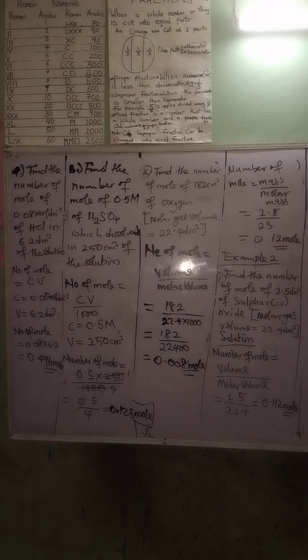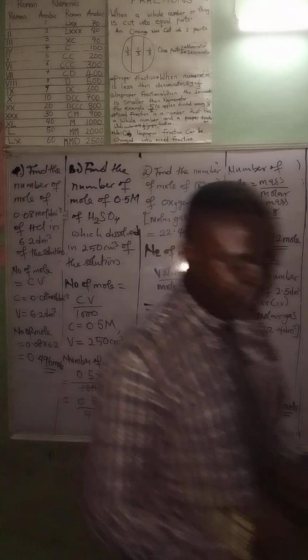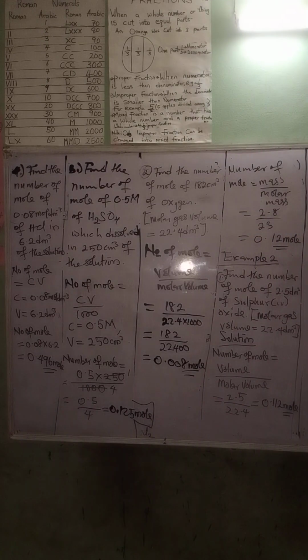Quickly, before our time runs up, let's look at number of particles or number of ions. That is what we are going to look at in our next video. So do watch out for our next video, where we are going to look at number of ions, number of particles, and so on.